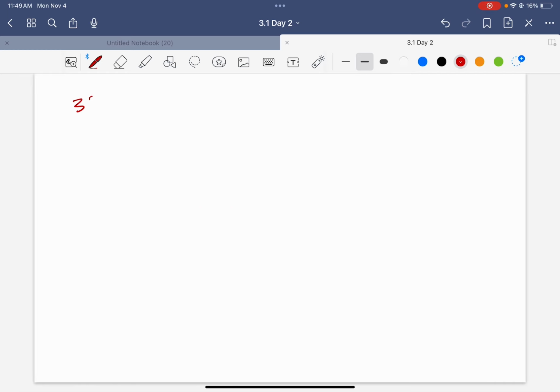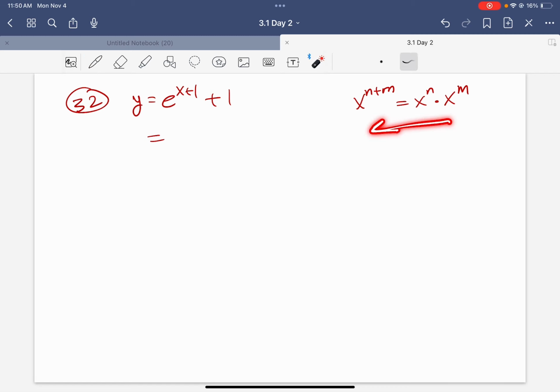So now if I look at 32, for 32 I have y is equal to e to the x plus 1. So I've got to change the form because this is not e to the x. So I know that if you have x to the n plus m, you can break it apart into x to the n times x to the m. So usually we go this way, but again, in calculus, we often like to break things down into pieces.